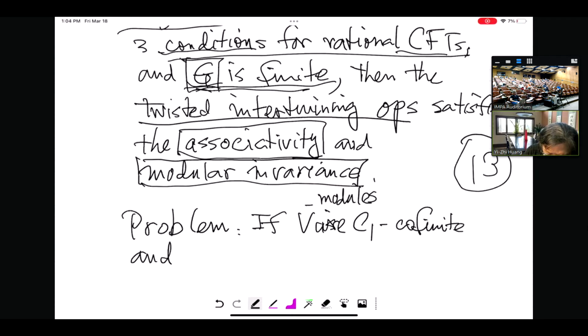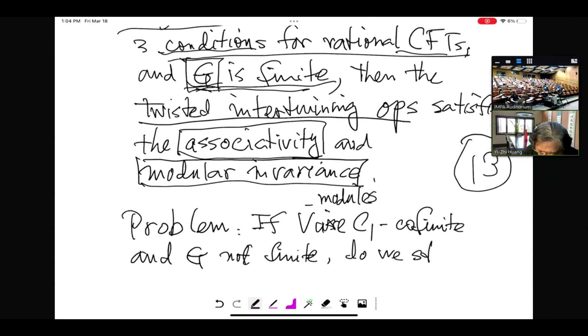And G is not finite. Do we still have, say for example, associativity, because associativity only needs C1 cofiniteness?